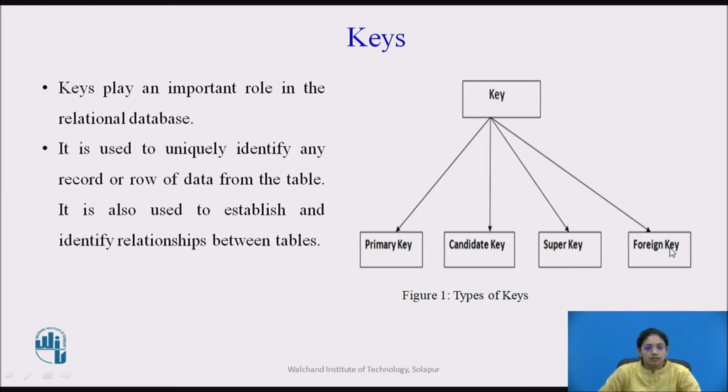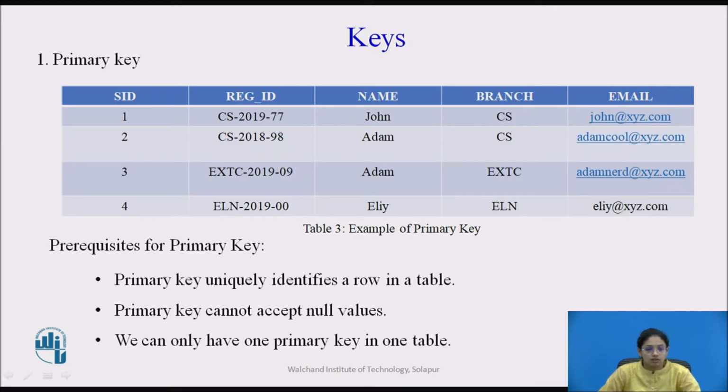Let us see the keys one by one. First is the primary key. This is a table of students belonging to different branches like CS, ENTC, electronics, etc. If you see the table, the name Adam appears twice.